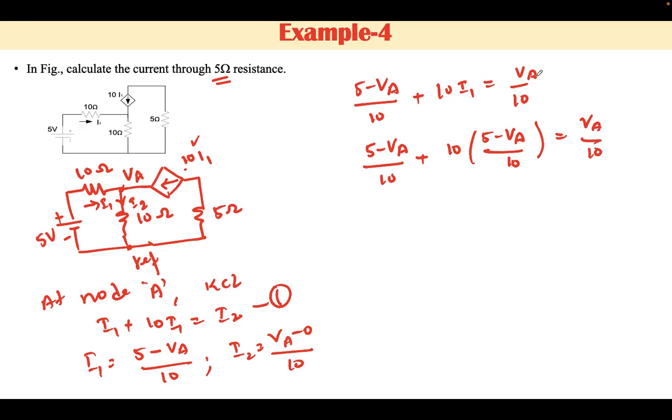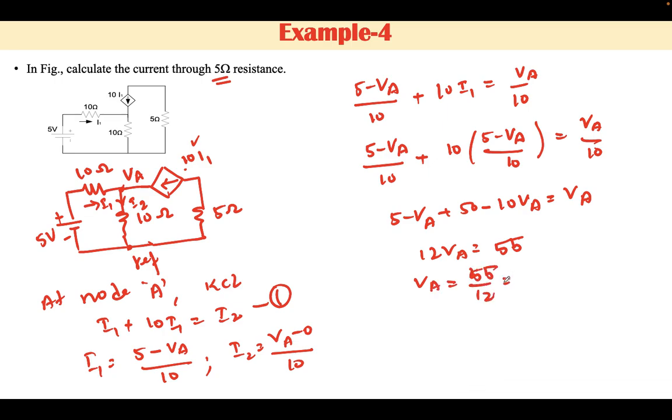On simplifying this equation we will get 5 minus VA plus 50 minus 10 VA is equal to VA. From here 12 VA is equal to 55, that is VA is equal to 55 divided by 12, which is equal to 4.583 volt.